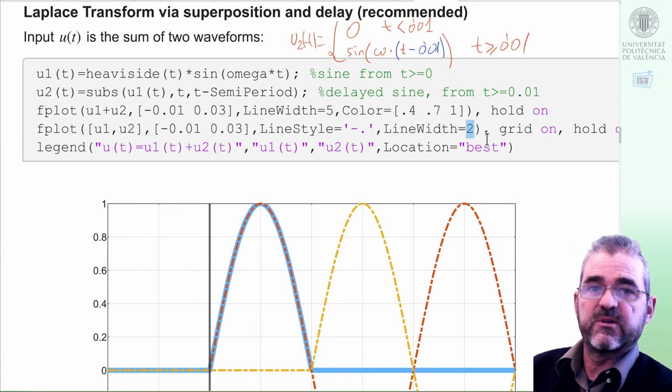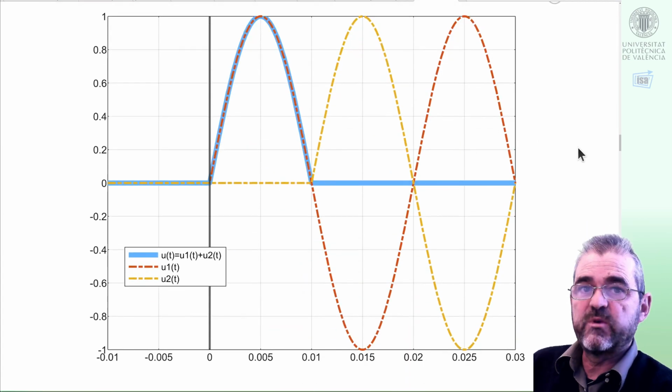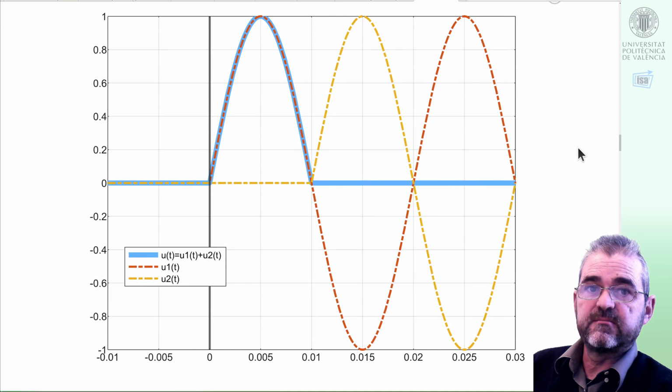Let's analyze what we got. We see that the sum of the red and yellow lines is the blue one. The blue one is the sinusoidal pulse we wish to deal with.